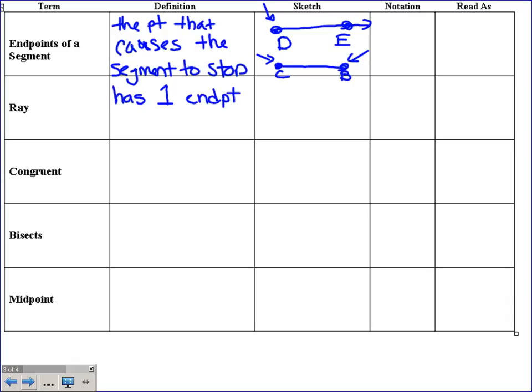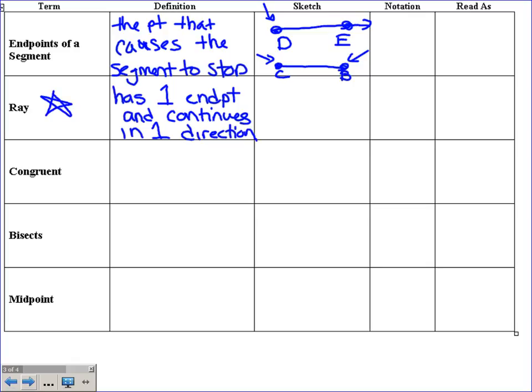Has one endpoint and contains... wow, it does not contain, it continues. I'm really sorry. Okay. It has one endpoint and it continues in one direction.